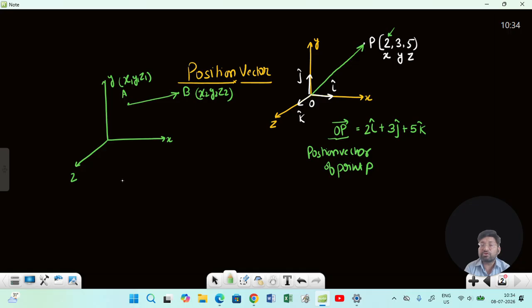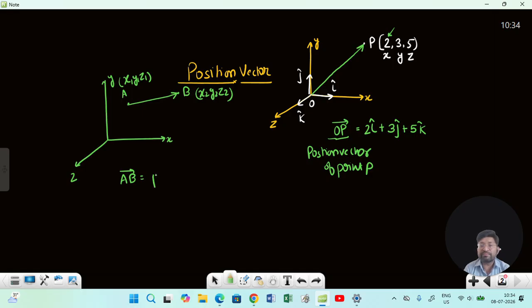Always remember, if you draw a vector from A to B, it will be the AB vector. So it will be final minus initial, which means the position vector of point B minus the position vector of point A, because the vector is going from point A to B.